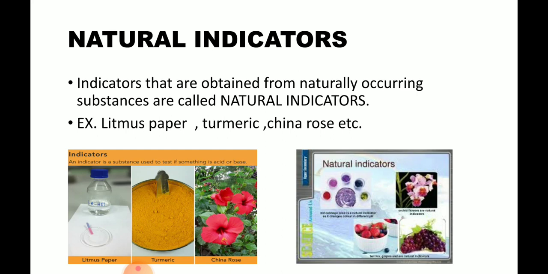For example, turmeric and China rose are things which we get from nature, from plants. And litmus paper is obtained from lichens. Lichens are actually a plant. Its leaves are used to make a paper that is called litmus paper.